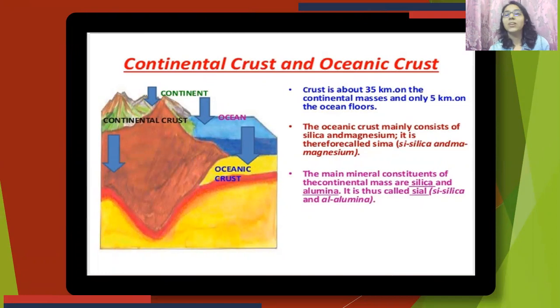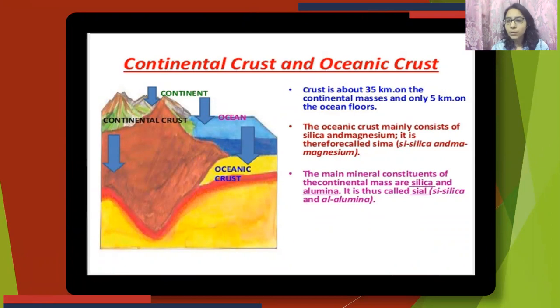Let me tell you. The continental crust is about 35 kilometers deep, whereas the oceanic crust or ocean floor is just 5 kilometers deep. If you remember, in the beginning I asked you whether there is land or floor beneath water bodies or not. So the answer is yes.